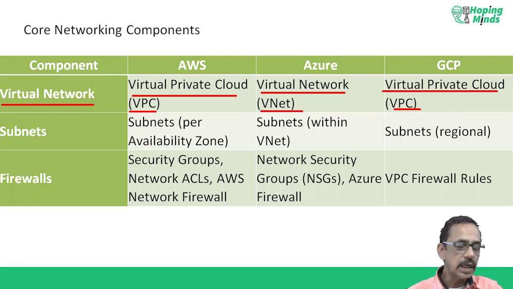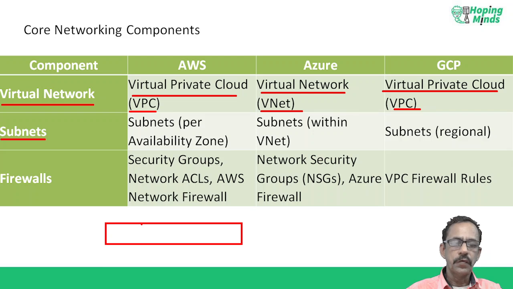The second component is the subnet. Anybody who is familiar with IP addressing and subnetting knows well what the purpose of a subnet is. Subnet means dividing a big network into smaller subnets according to your requirement. You have a big IP series here.